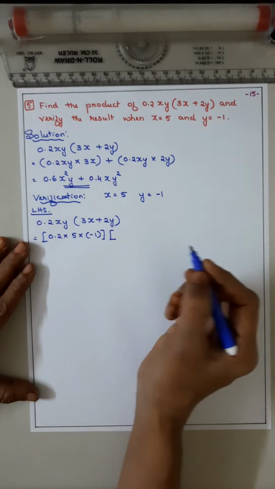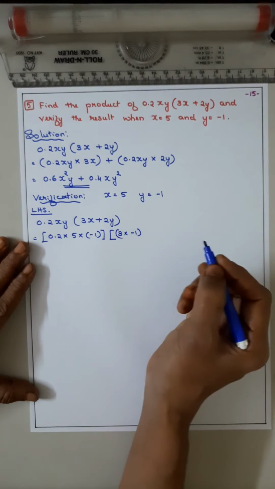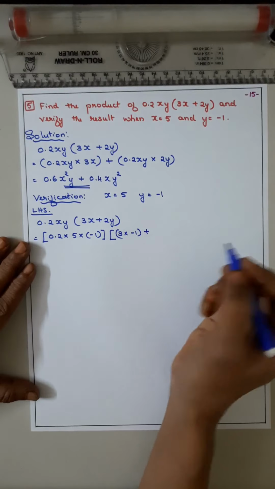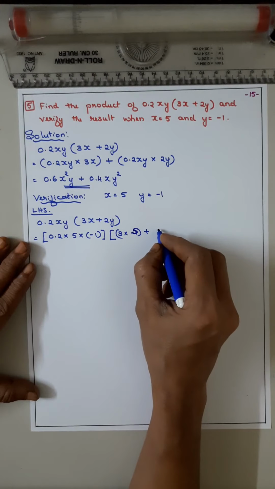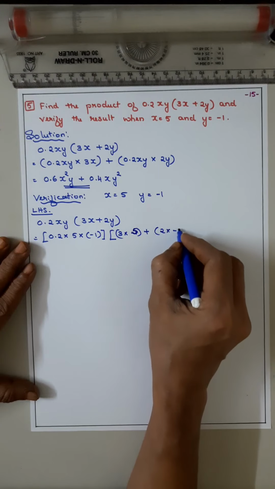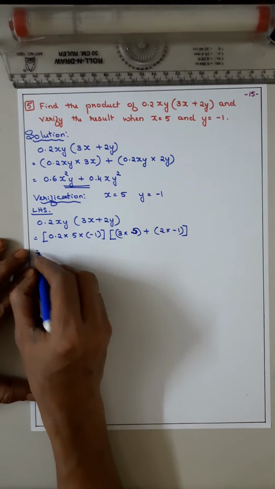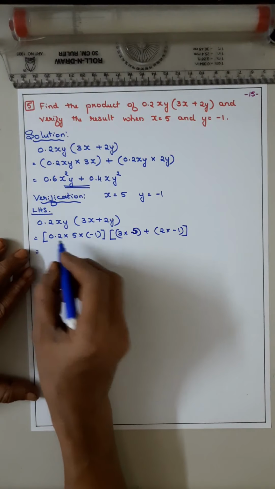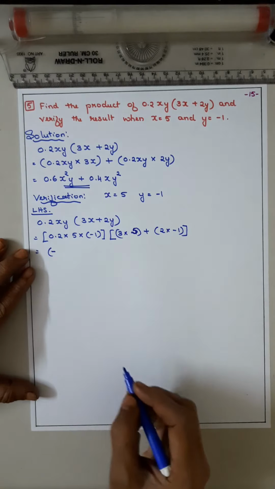Now again bracket open, 3 into x, 3 into 5, and now 2y, 2 into minus 1. Here it is a minus sign, isn't it?